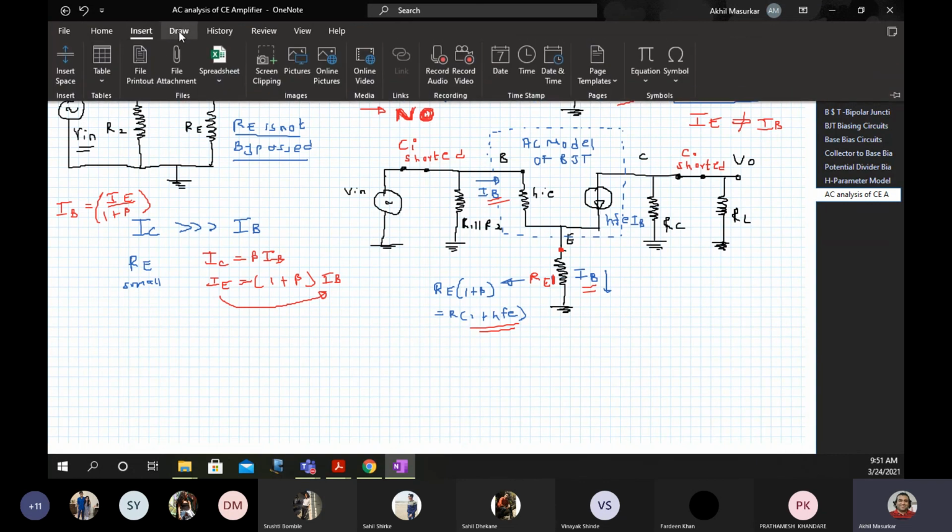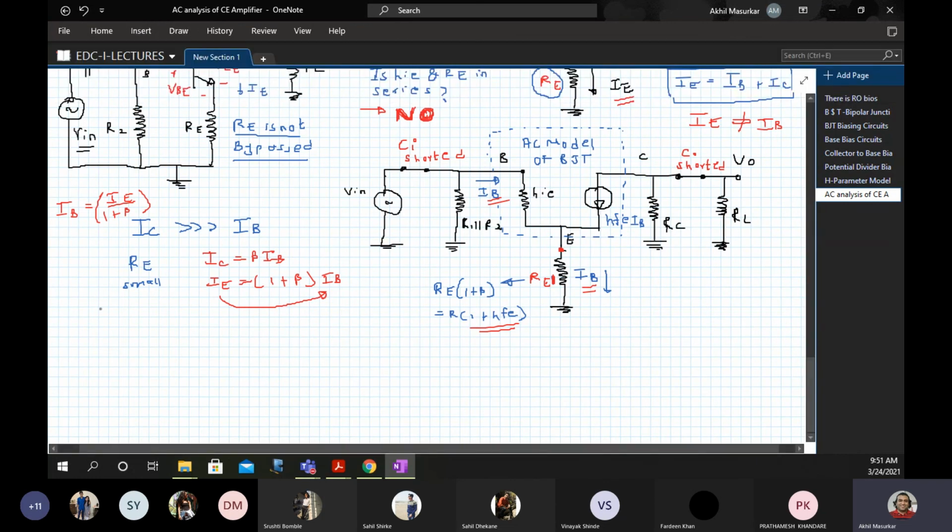So now I can write here that RI is going to be simply R1 parallel to R2 parallel to the series combination of HIE and RE dash, that is HIE plus RE into 1 plus HFE.